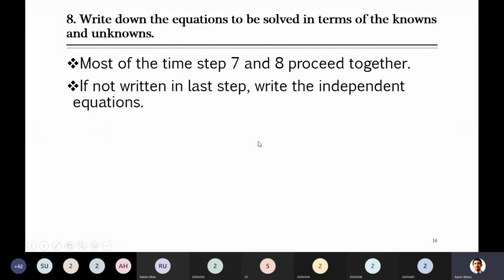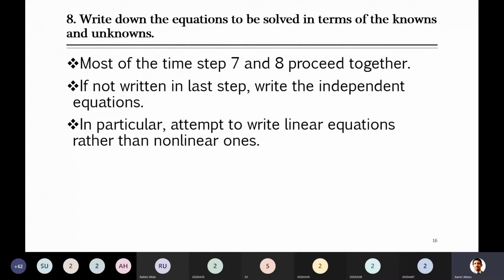If you have not written them in the seventh step, definitely you need to write them here, because you have to get a clear idea of what equations you have to solve.